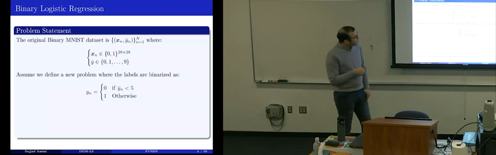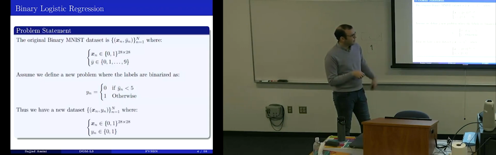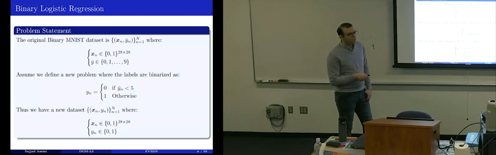How? I want to design new labels, and this label is 0 if the true label is less than 5, and it is 1 otherwise. So I transfer the data set into a new data set where both the pixels and the labels are binary.